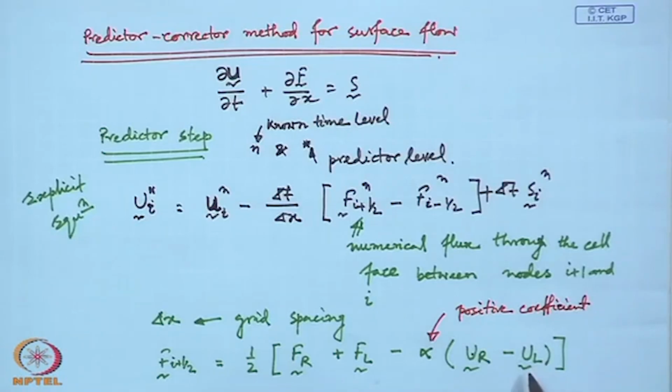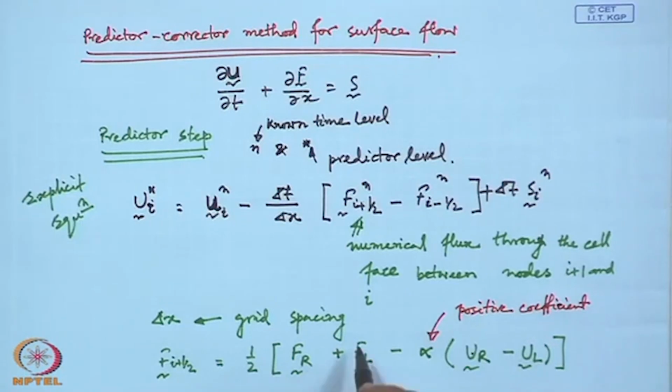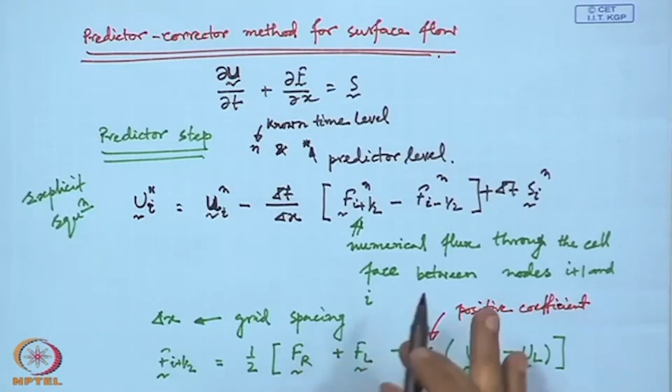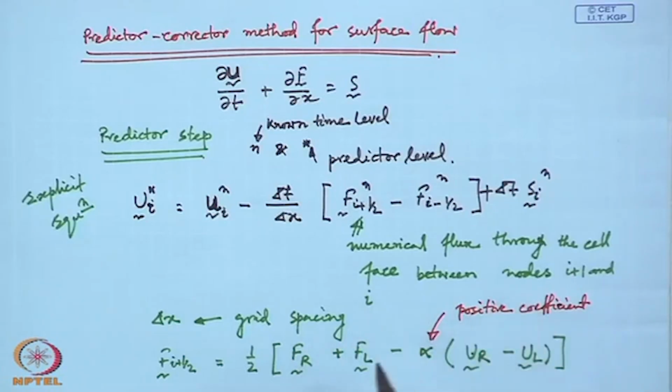and FR is the flux computed using information from the right hand side of the cell face.